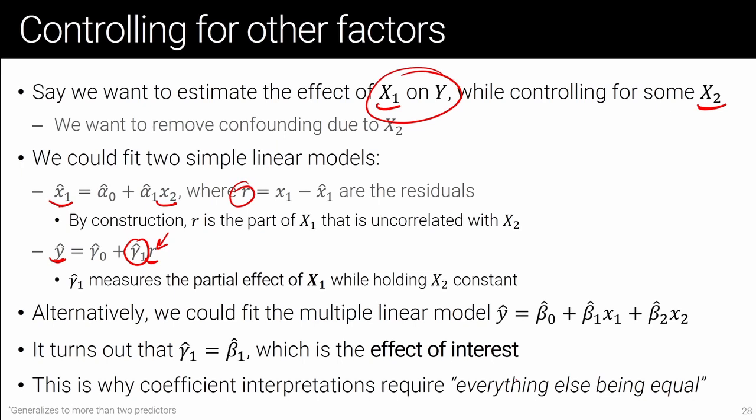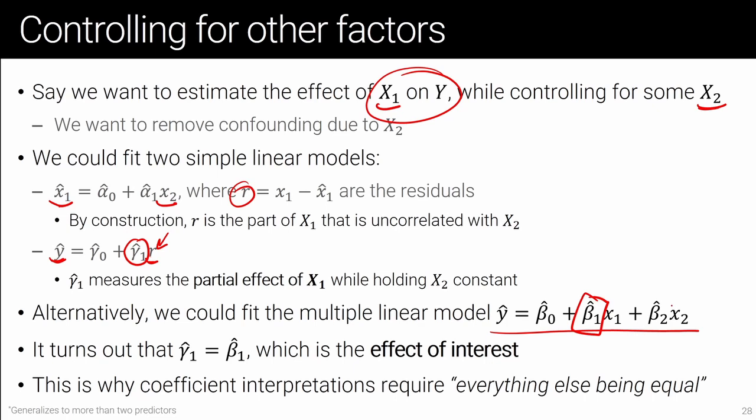Now, alternatively, we could just fit the multiple linear model of y given x1 and x2. And it turns out that the coefficient we will have for x1 is precisely the same as gamma 1, which is what we are after, the effect of interest.